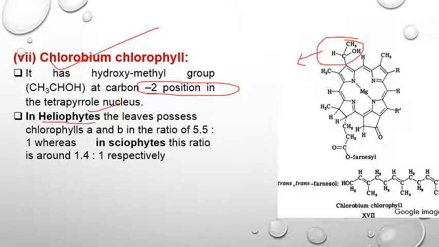Heliophytes are the plants which grow in sunlight, and the leaves possess chlorophyll A and B in the ratio of 5.5:1, whereas in sciophytes, that is shade-loving plants, the ratio is around 1.4:1 respectively. So that is the ratio of chlorophyll A and B in shade-loving plants and in sunlight-loving plants.